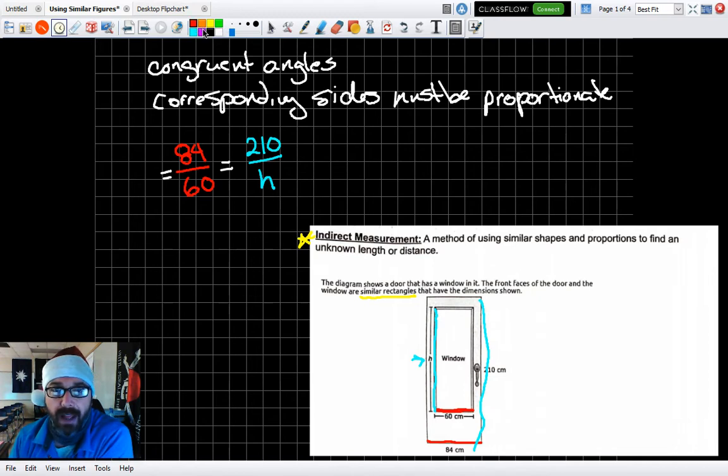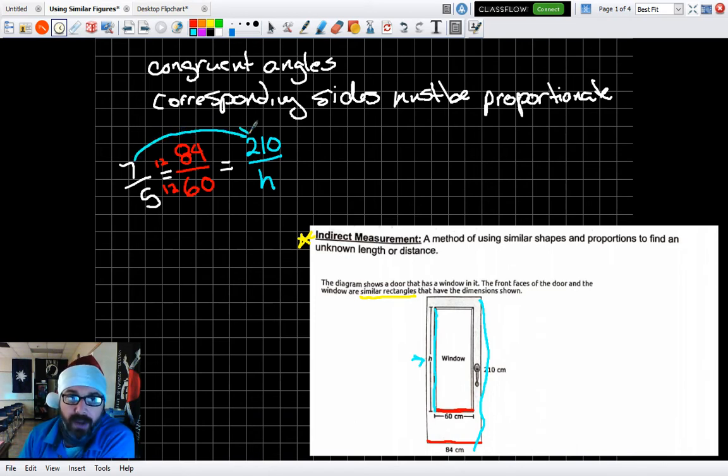So if I wanted to reduce 84 and 60, I can reduce top and bottom by 12. 5 times 12 is 60, and 7 times 12 is 84. Okay? So now that I've got that, I need to find what is the proportion of 7 to 210.